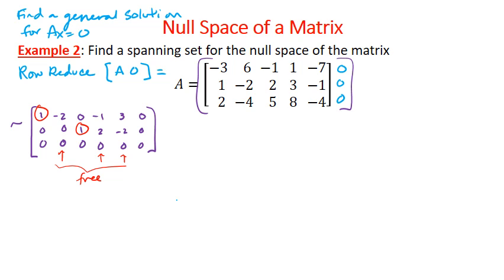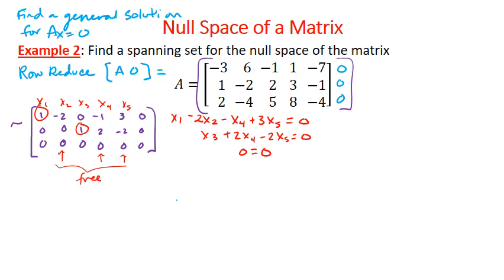So remember from this, x1, x2, x3, x4, x5, I can come up with the following general solution. x1 minus 2x2 minus x4 plus 3x5 is equal to 0. Then x3 plus 2x4 minus 2x5 is equal to 0. And then I have a row of zeros, so 0 equals 0.